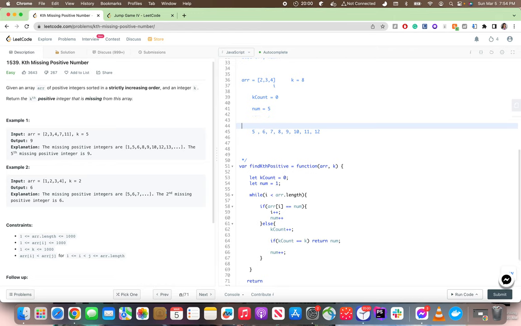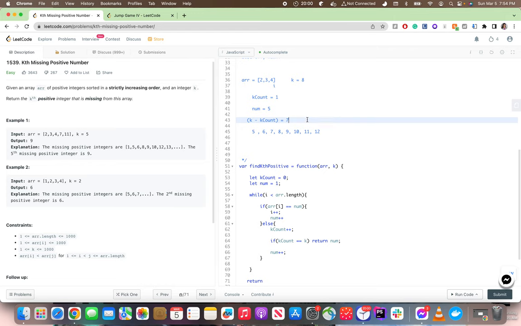What we can do is just say k minus k count. So if we have found one count already in this case, then we would need 7 more, right?